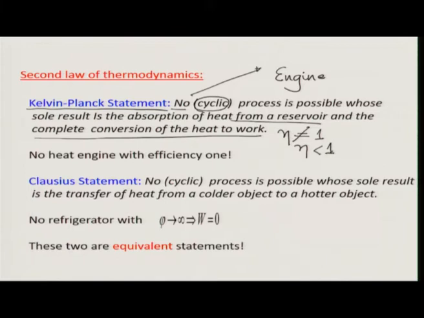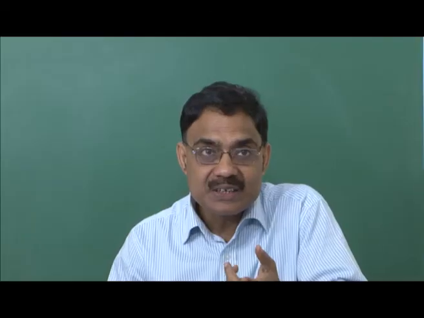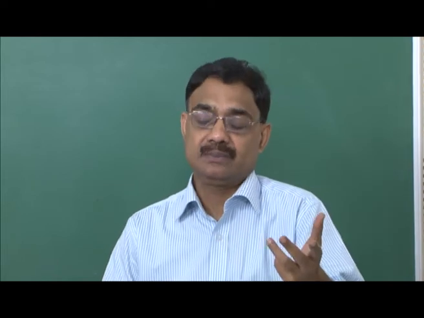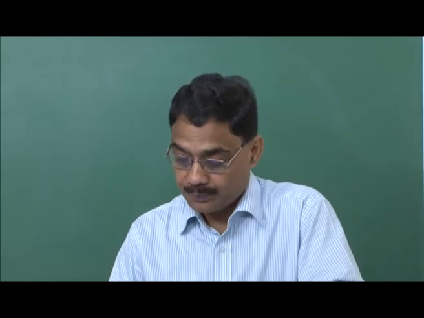So, this is the Kelvin-Planck statement of the second law of thermodynamics. In short, you cannot construct an engine whose efficiency is 1. This is what I have written here. Efficiency will always be less than 1. Whatever heat you supply, you get less amount of work as the output.